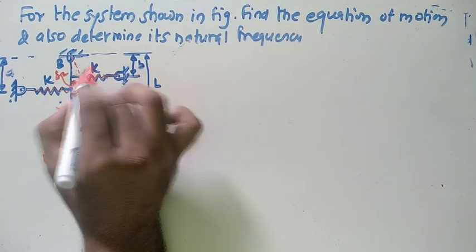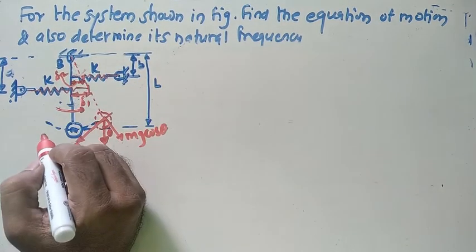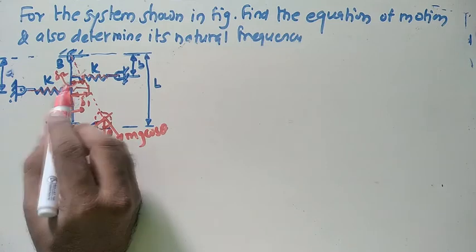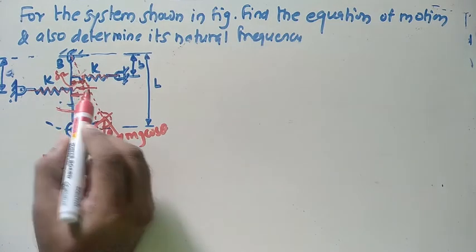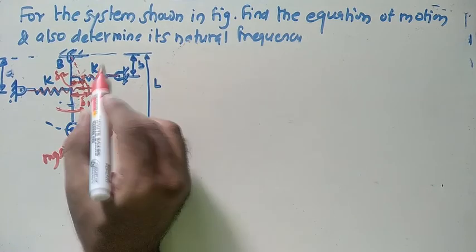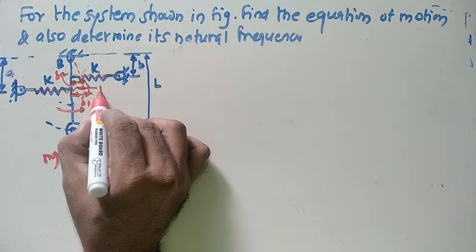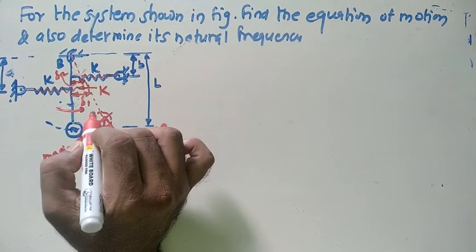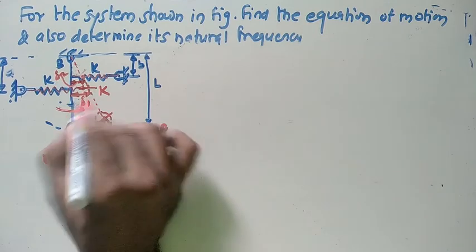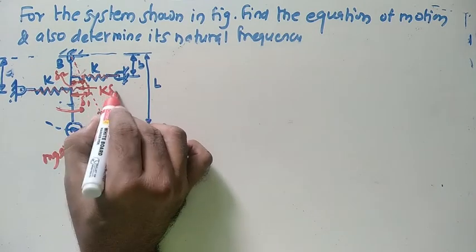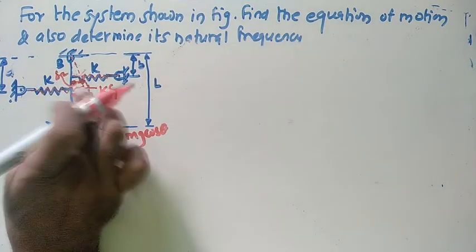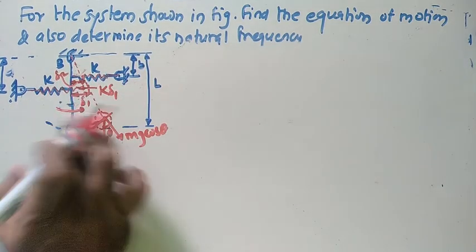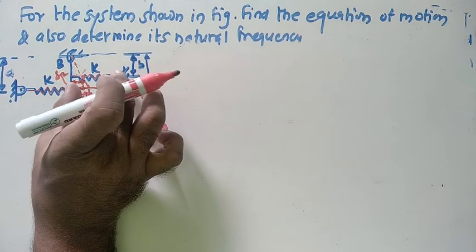So what's about the spring force by this spring? The direction of this one must be opposite to the direction of displacement. Here the stiffness of the spring is k and the deflection is delta 1. So the spring force comes in the opposite direction of displacement, and in this case the spring gets expanded.